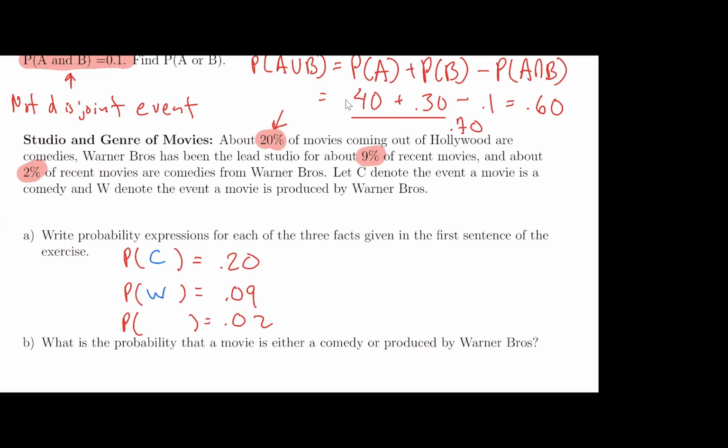What does the 0.02 represent? Comedies from Warner Brothers. So that means C and W, doesn't it? Because if it's a comedy from Warner Brothers, that means it's a comedy and it was produced by Warner Brothers.